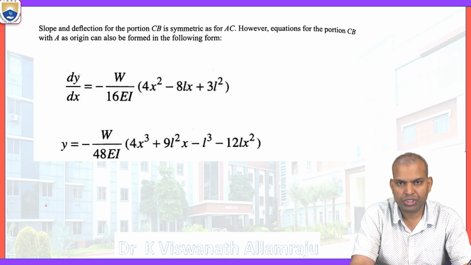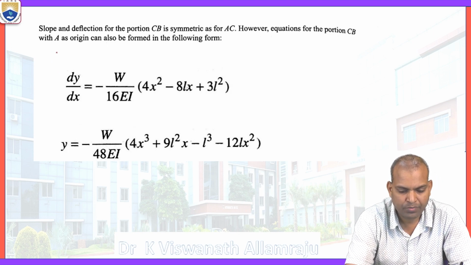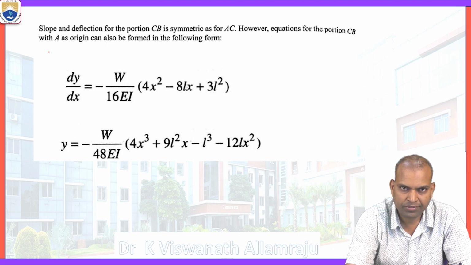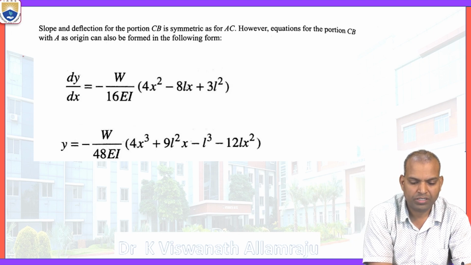Now for slope and deflections, we consider the portion CB. CB is symmetric to AC. We have completed AC, but if you want CB, it is symmetric, therefore the equation is the same.